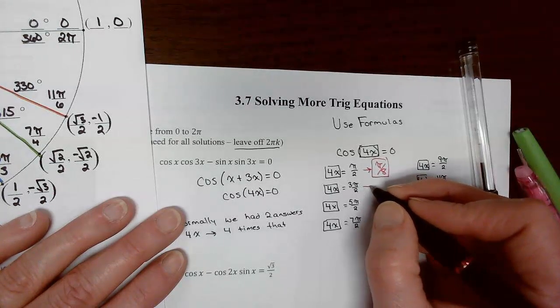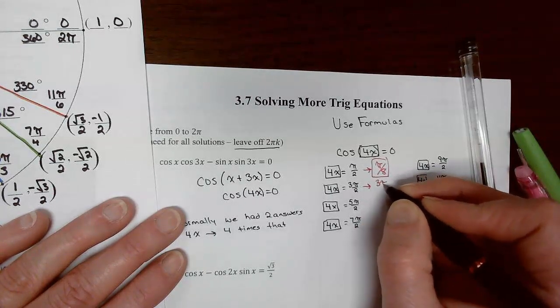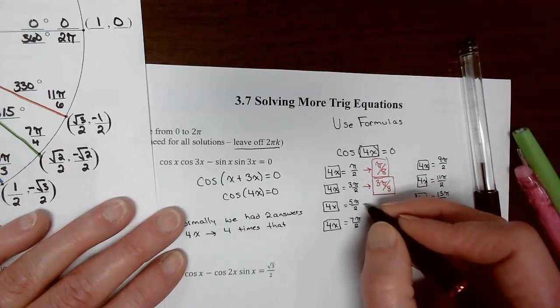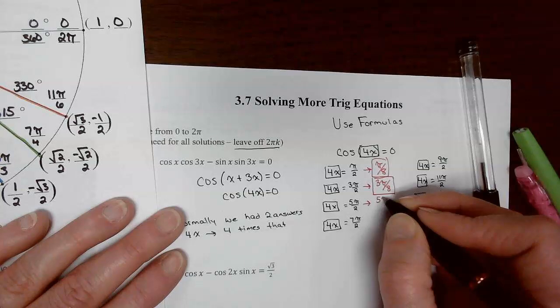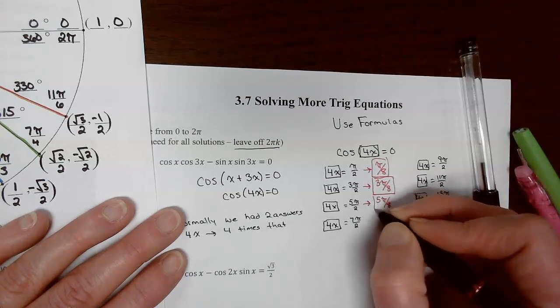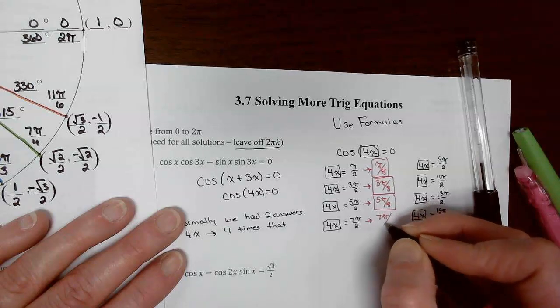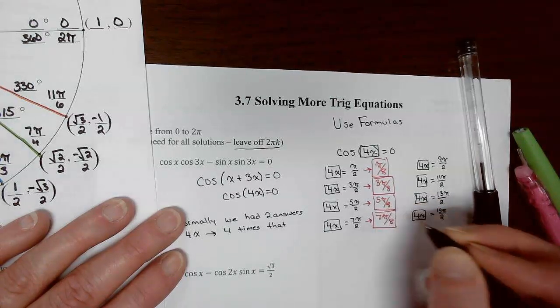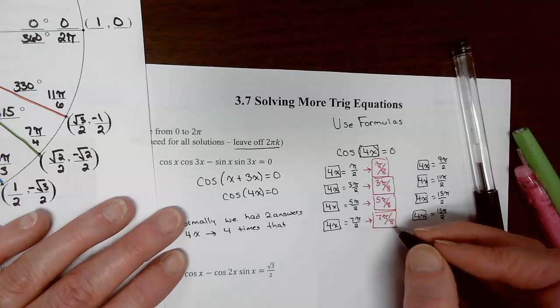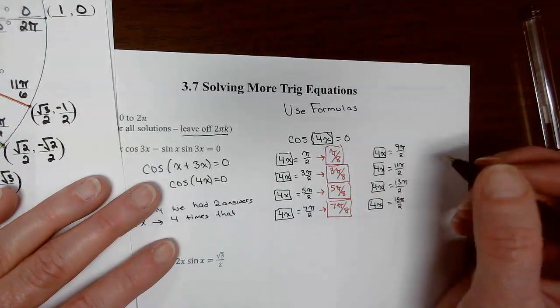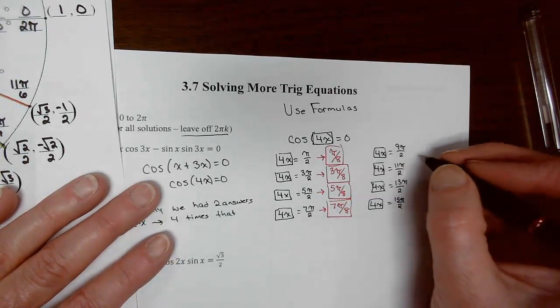This would give me 3 pi over 8, 5 pi over 8, 7 pi over 8. Now notice 7 pi over 8, that's not even a pi. So we're definitely on the unit circle, just smaller than what we have.